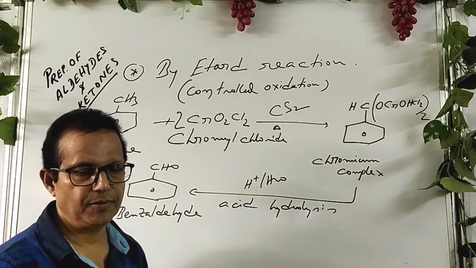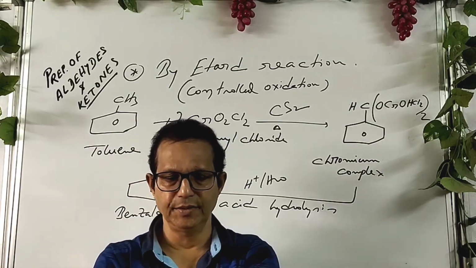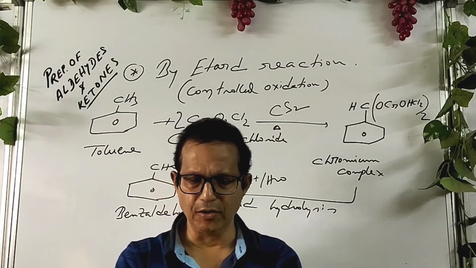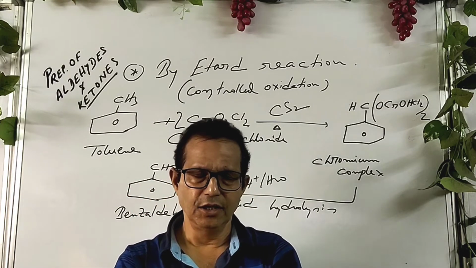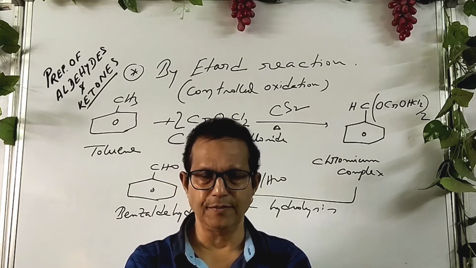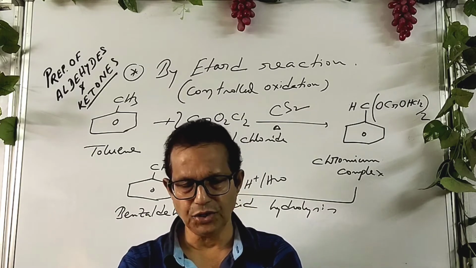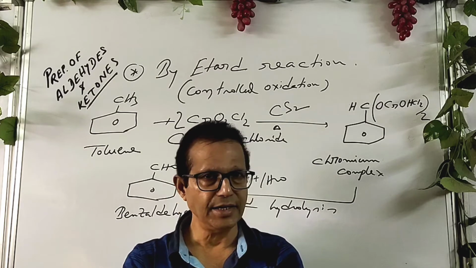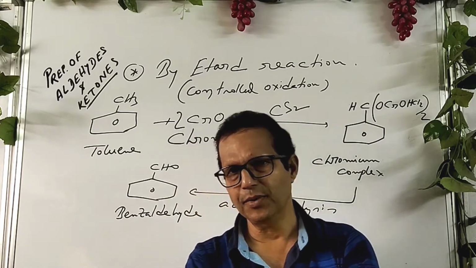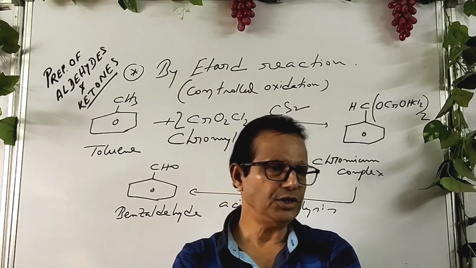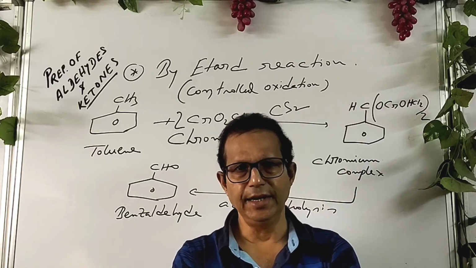Listen, another type of reaction is there by which also we can prepare benzaldehyde. That is by reaction with chromic oxide and acetic anhydride. When toluene is heated with a mixture of chromic oxide CrO3 and acetic anhydride, we get again one intermediate, actually brown colored complex, which on acid hydrolysis gives benzaldehyde. So let's try to understand the next reaction.